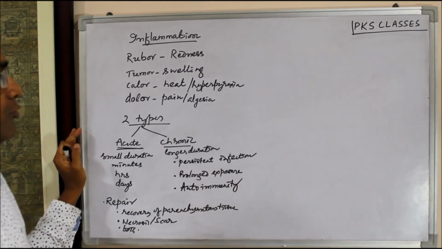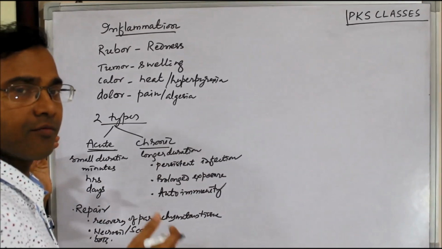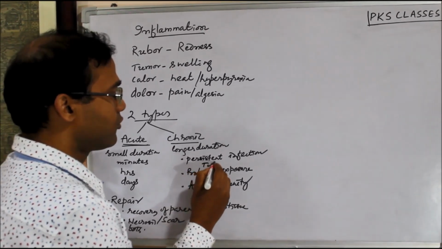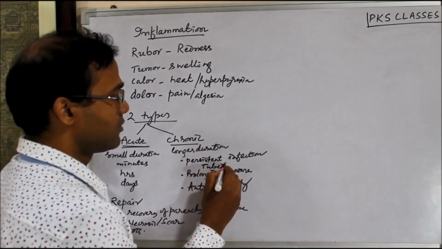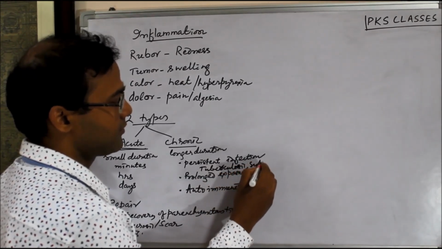With persistent infection, the infection occurs for a longer period, with examples like tuberculosis and syphilis.